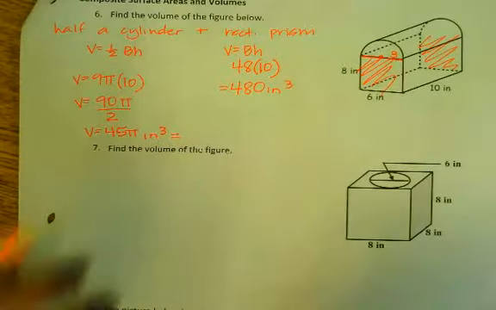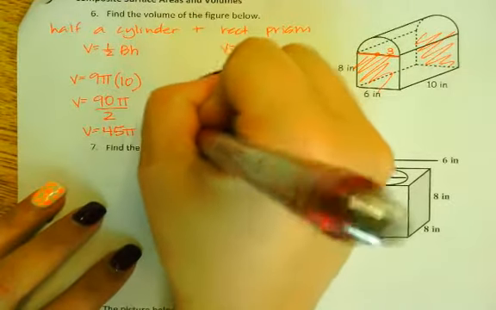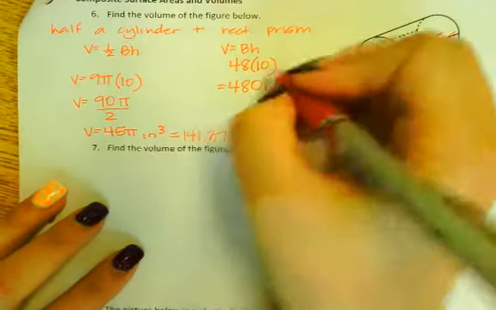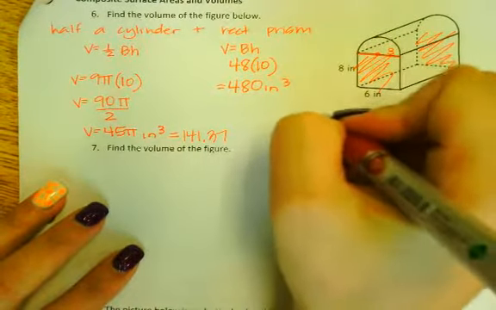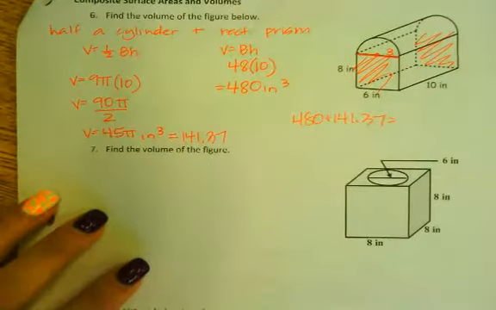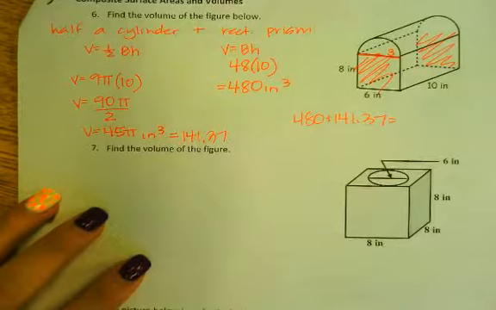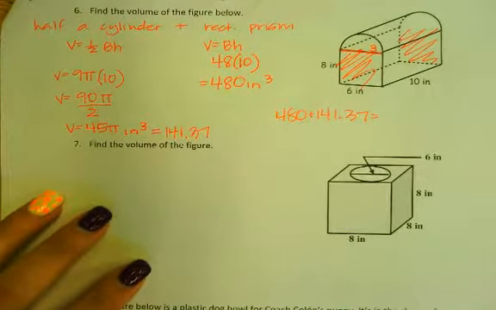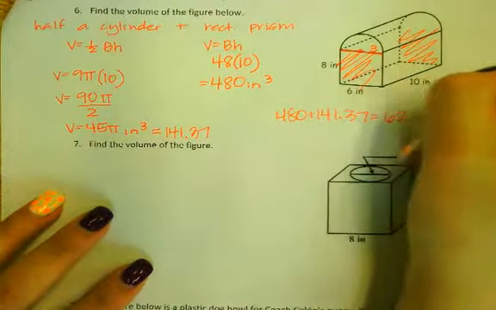Okay, so now let's add 480 plus 141.37, and what do you get? 621.37 inches cubed. Very good.